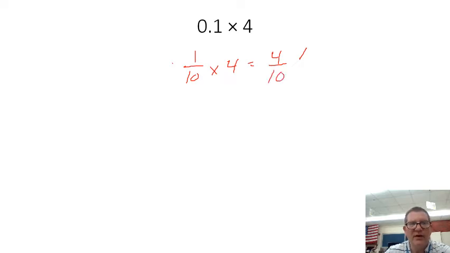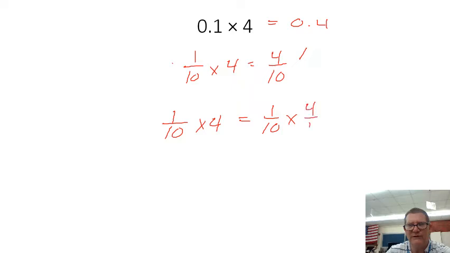Remember, this is also a multiple of 10, so I could have just said it's going to multiply by 1/10, so the decimal is going to move one place value, which would have been 4/10. If I had 1/10 times 4, that would equal 1/10 times 4 over 1 because it's a whole number, then that would equal 4/10. And you know how to write 4/10 is 0.4 in the tenths place.